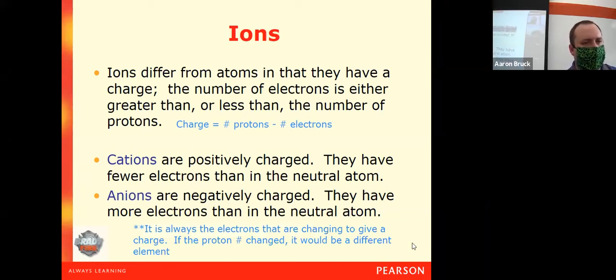Really important point to make there. It is always the electrons that are changing. Electrons are being added or electrons are being removed. That is how we get charge. It does not get charged by changing the number of protons, because again, if we change the number of protons, we change the identity of the element.